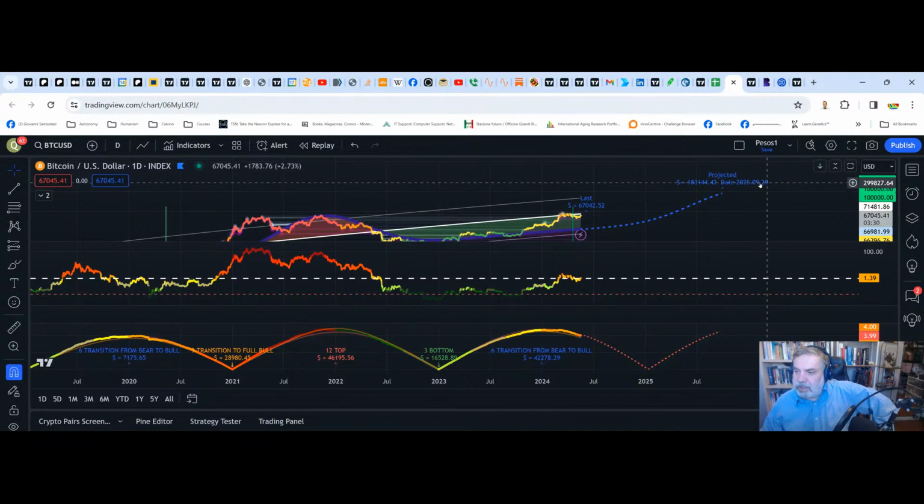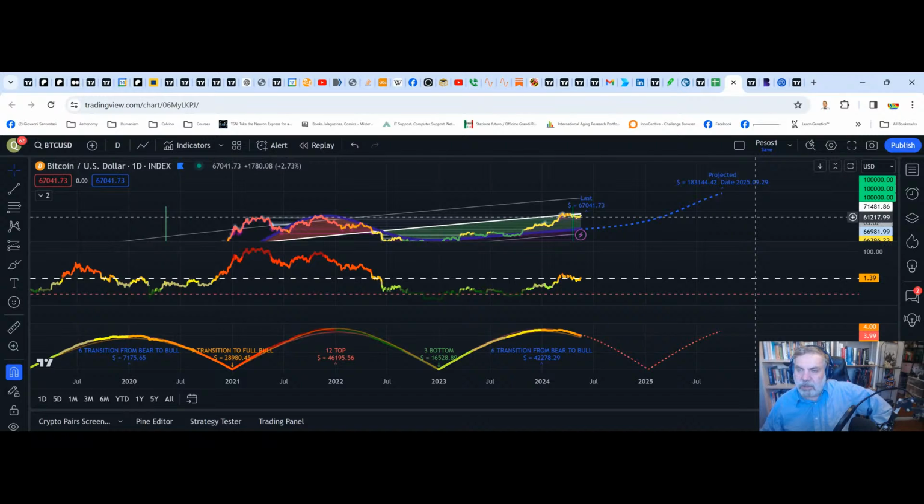The top is going to be around, so if we go with 11, so if 12 is actually December of 2025, 11 is going to be something close to September, something between August all the way to, let's say, October.